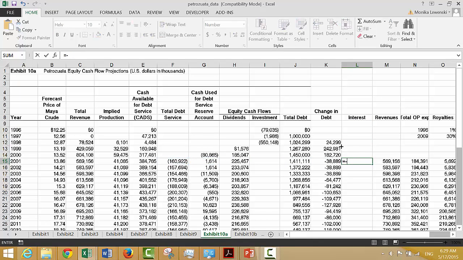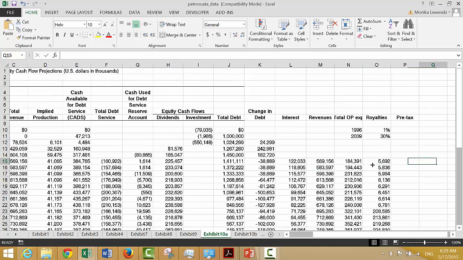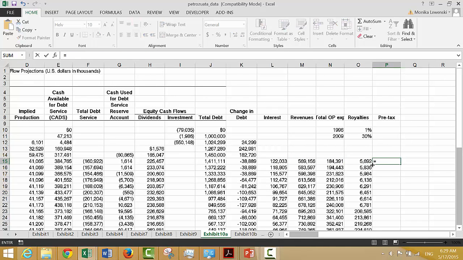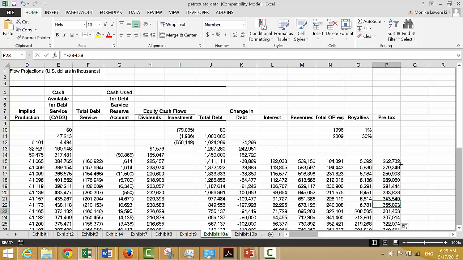Why don't we express them all as positive, minus or plus interest. So then we can put our pre-tax income as CFADS minus the interest. This is horrible form, absolutely horrible form.